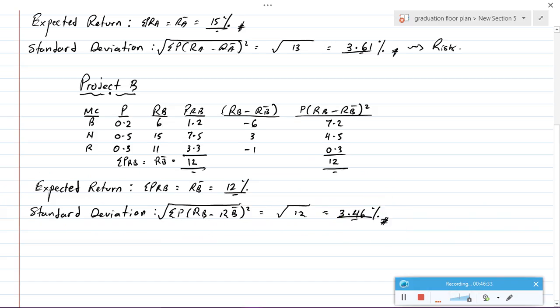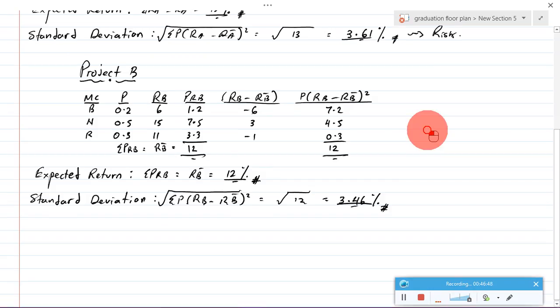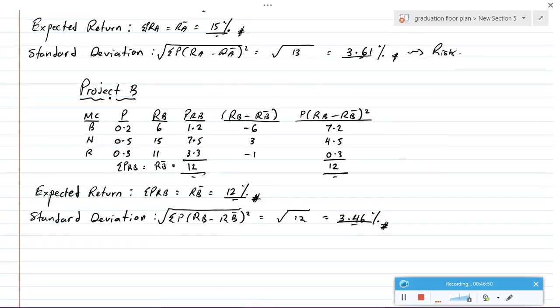so that is interesting, project B. Now don't ever say it in the exam, remember that. Be more practical. Don't ever say that A is the better one because A is high risk. Unless you have a situation where high risk comes with a lower return, then we have a concrete reason.